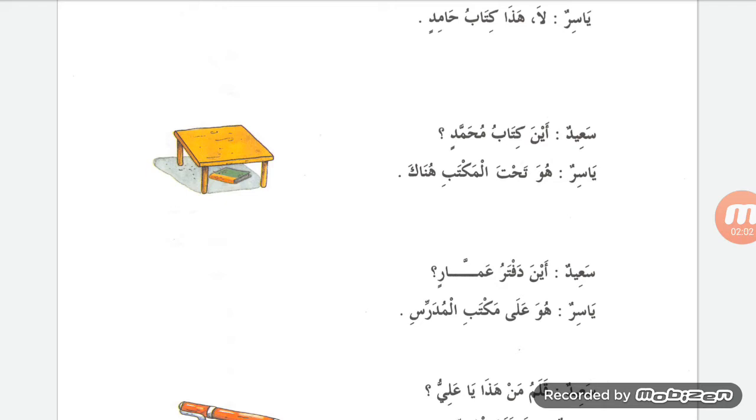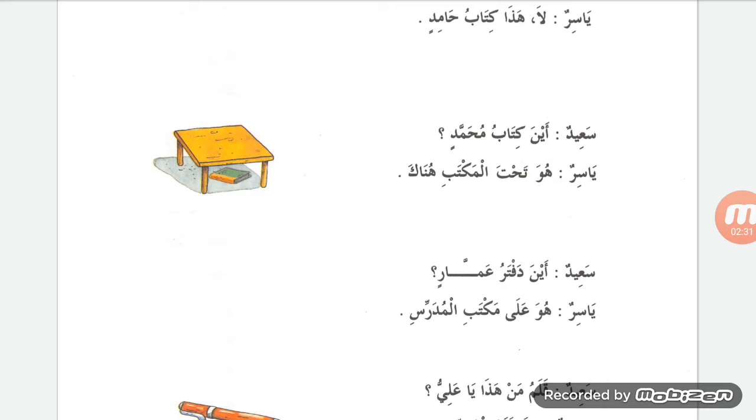The one who possesses the item is referred to as the mudaf ilayh, and the item that is possessed is the mudaf. The mudaf ilayh, i.e. the one to whom the item belongs, will be majroor, i.e. its ending will have the i'rab of jar.